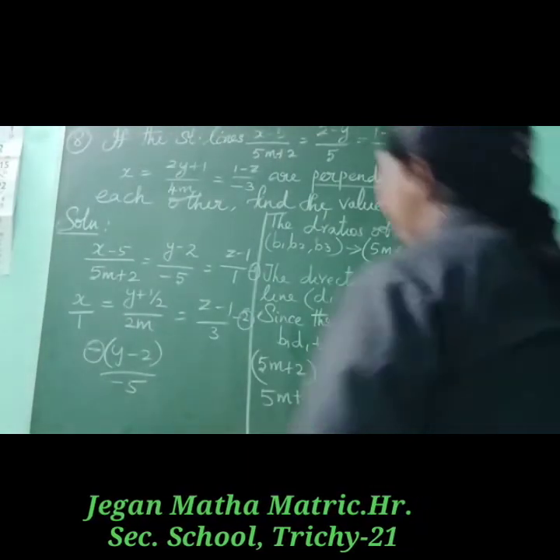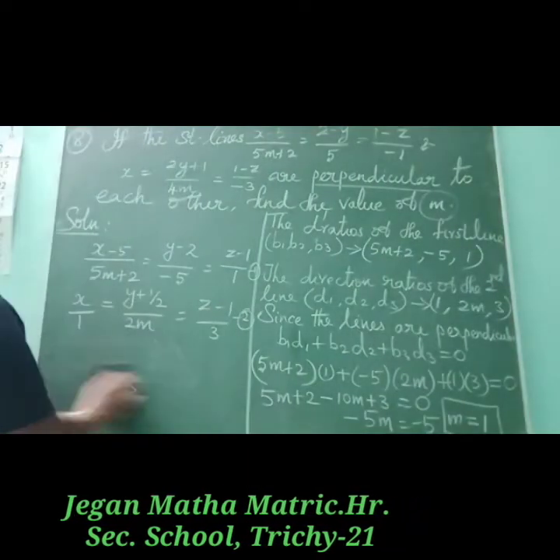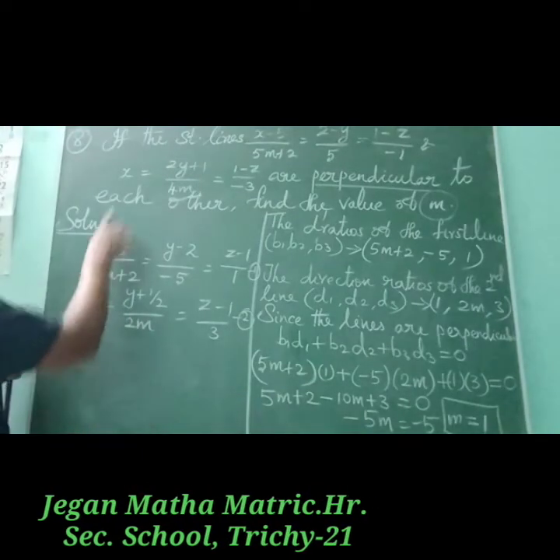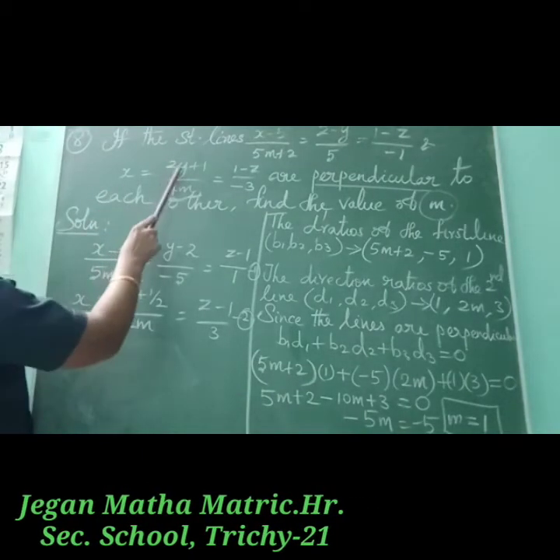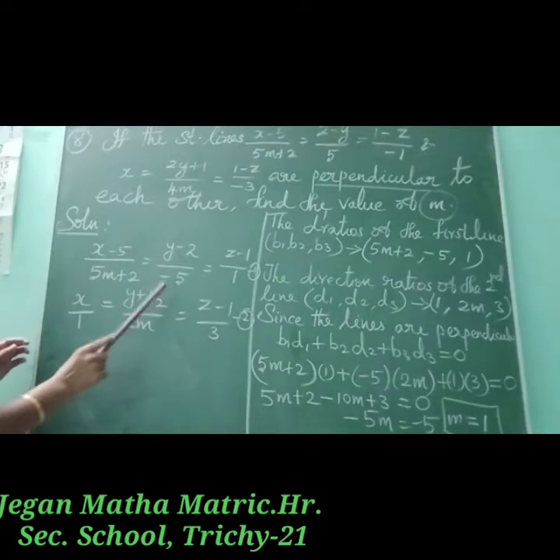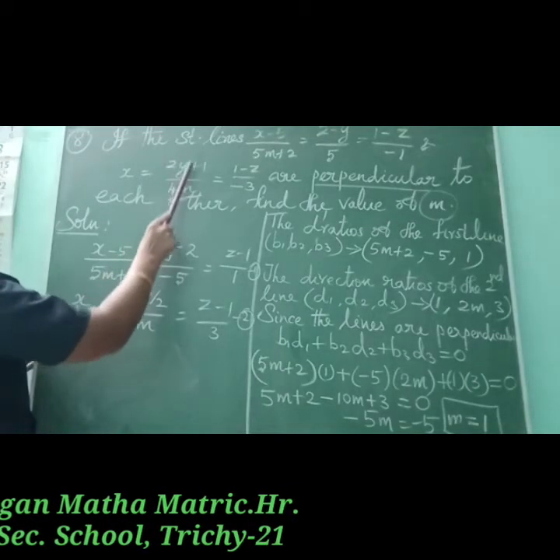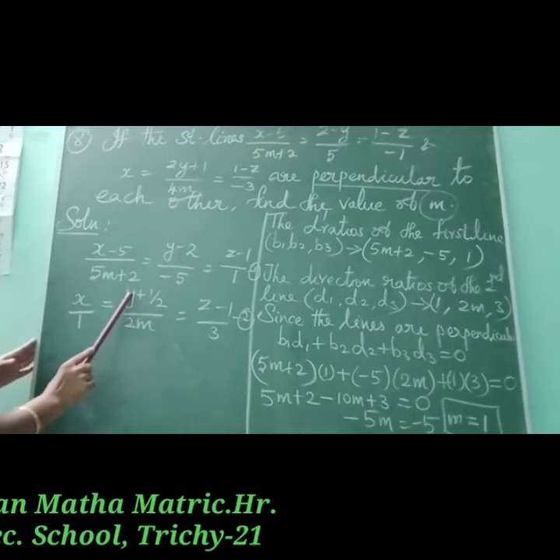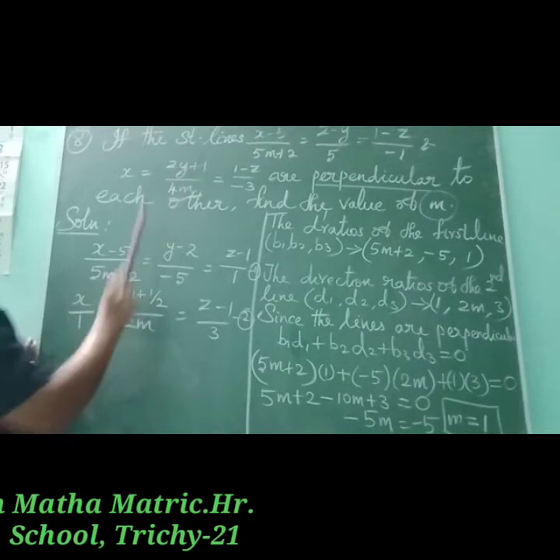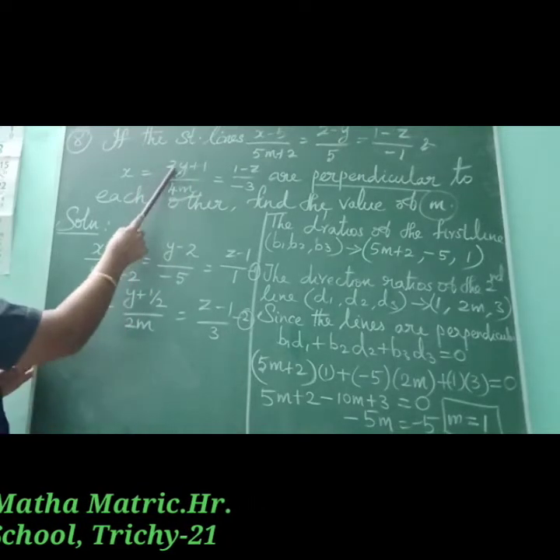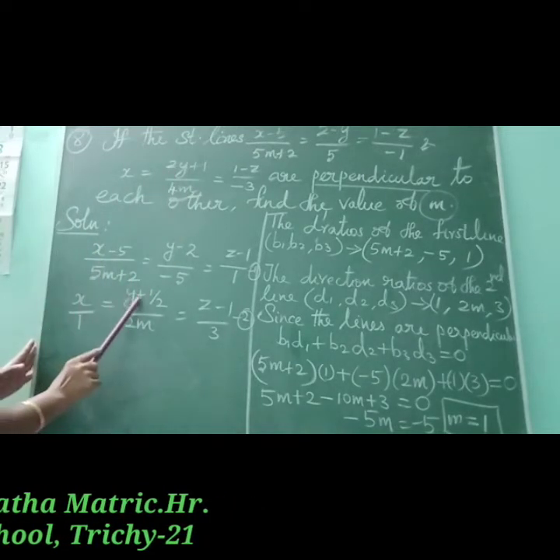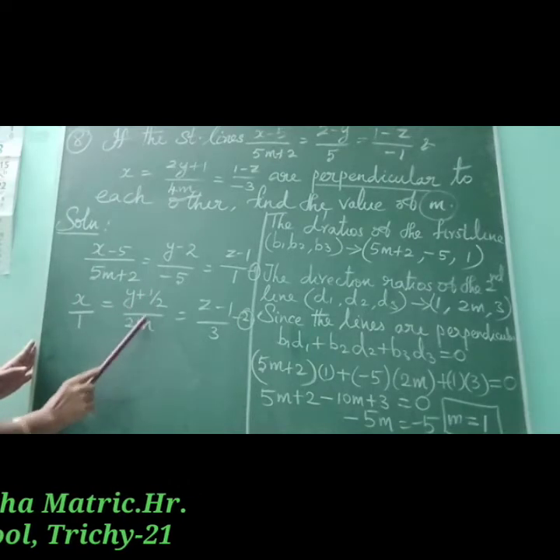Now the second equation: x divided by 1, and 2y plus 1 is there. I told you, here only the variable, so divide throughout by 2. Taking the 2 outside, (y plus 1 by 2) divided by 4m.